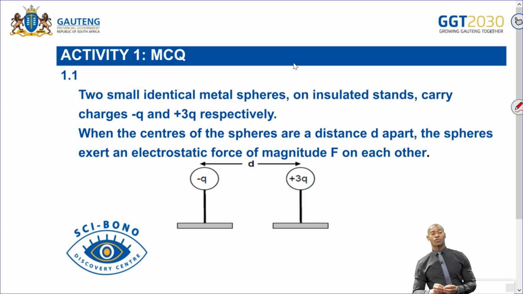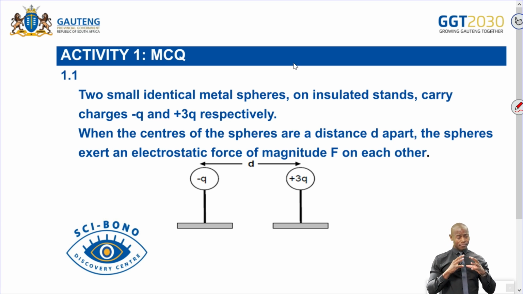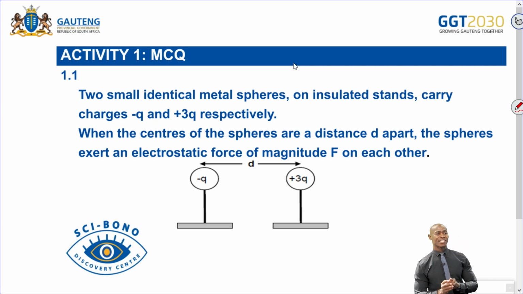So let's look at the multiple choice questions. This multiple choice question actually checks your understanding of the proportionality between F and the product of the charges, and also the square of the distance between them. All right. So two small identical metal spheres on insulated stands carry charges negative Q and positive 3Q respectively.